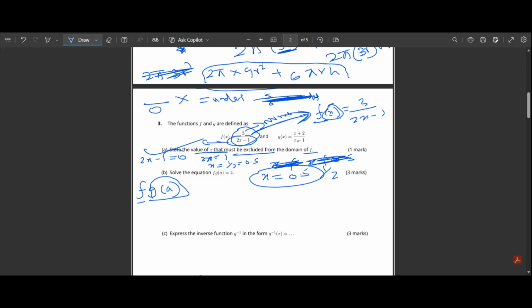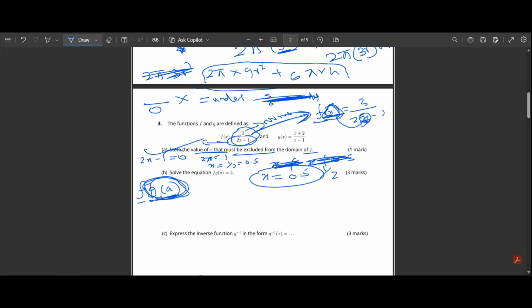It means what they are asking is, here what is x? Instead of this x they are telling us to put g(a). So don't complicate. Instead of this x, what you have to put is the function g(a).